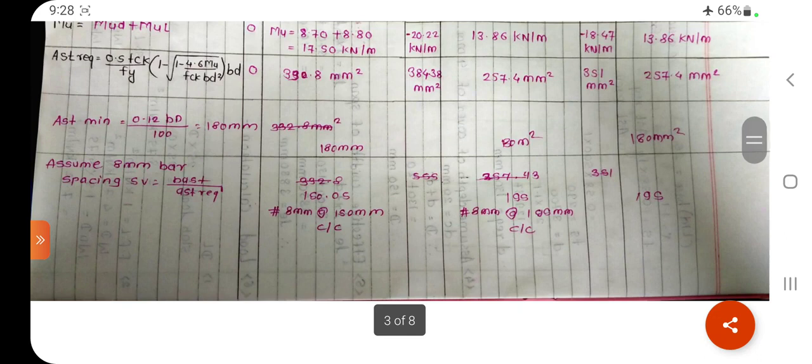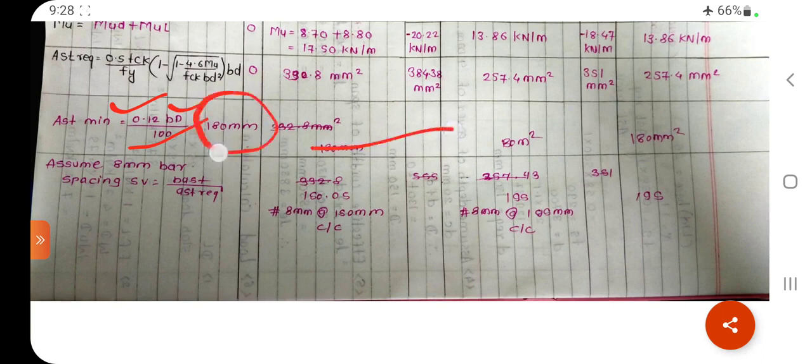Then after calculation of AST, our next step is to calculate the AST minimum, and AST minimum is equal to 0.12% of bD upon 100. Now as this is a continuous span, AST minimum is calculated for a single span as the depth is similar.